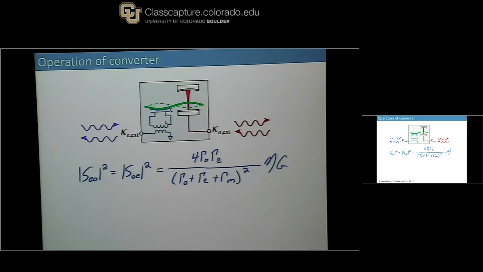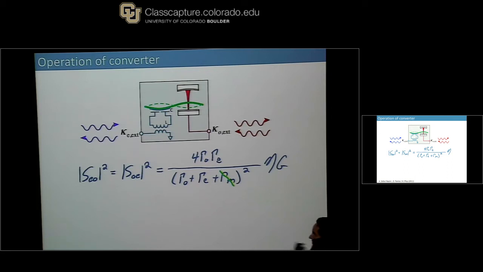So when I look at these rates all by themselves here, then I can actually just get rid of this gamma m there. And so now I can look at this expression and say, so I have a knob in my system, or sort of how I operate this converter, in the sense that I can define these 2 pumps, right? So I could put a different amount of light into either of them. And in fact, I can turn on and off the coupling by turning on and off the pump.